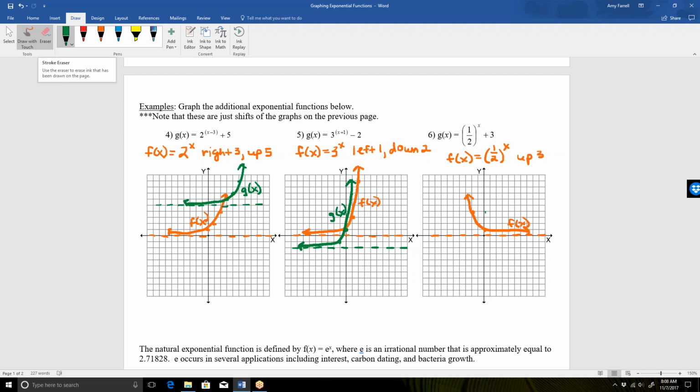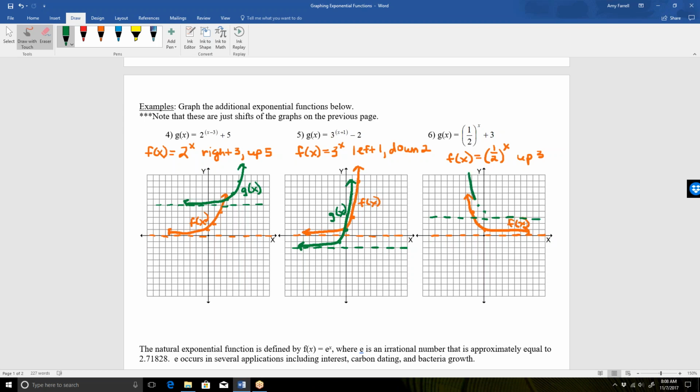Okay, so let's see. (0, 1) becomes (0, 4). (-1, 2) becomes (-1, 5). This one I'm going to move up 3: 1, 2, 3. And the asymptote also moves up 3.